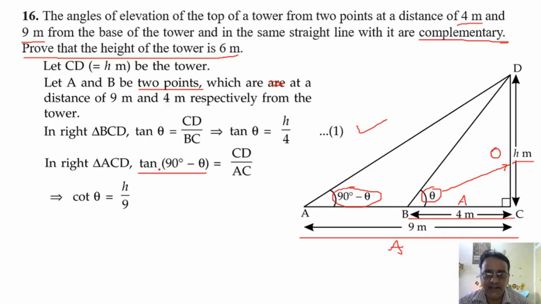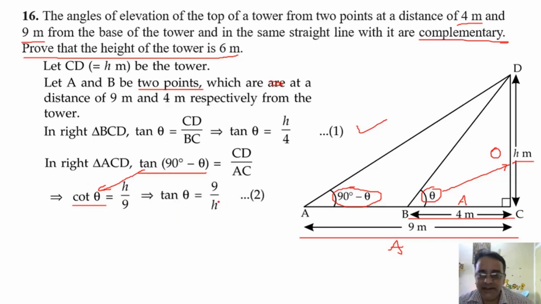Why? Because tan 90 minus theta is cot theta. You remember this formula? Yes, sir. Tan 90 minus theta का formula क्या होता है? Cot theta. Again, what is the reciprocal of cot theta? Tan theta. तो ये भी उल्टा हो जाएगा. So this will imply tan theta is equals to 9 by h.